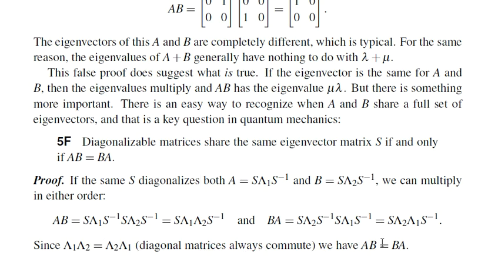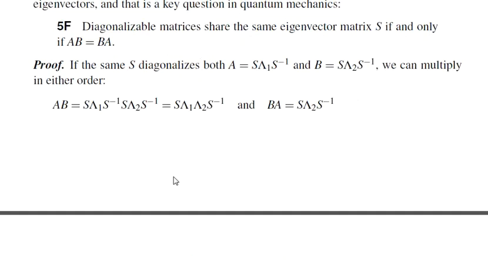So A into B is equal to B into A, and it is possible if the same eigenvectors exist. So diagonalizable matrices sharing the same eigenvector matrix S, then AB is equal to BA.